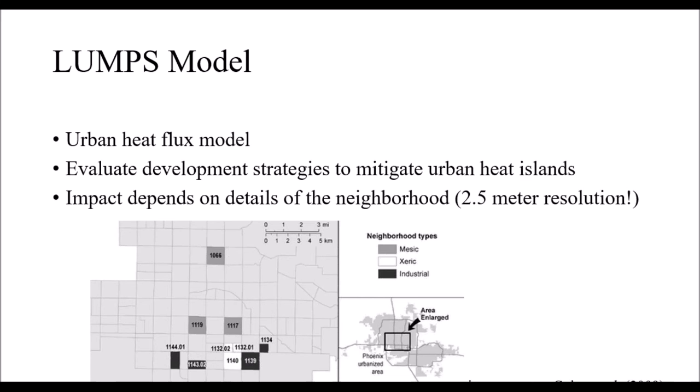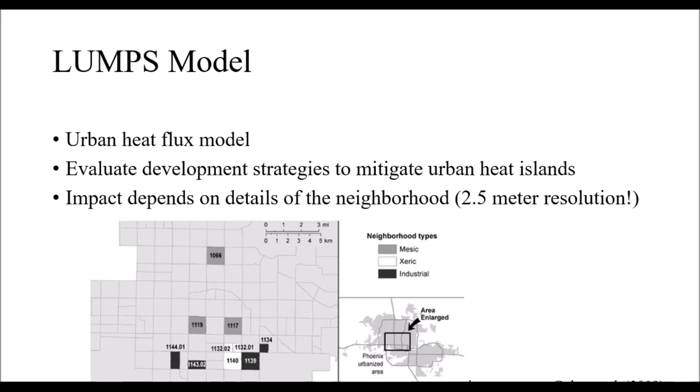Unfortunately, that requires a lot of water. So the LUMPS model will also capture the fact that while that does reduce temperature, it also increases the evaporation rate, so how much water is lost to becoming water vapor. The details of how this heat flux model works are complicated.